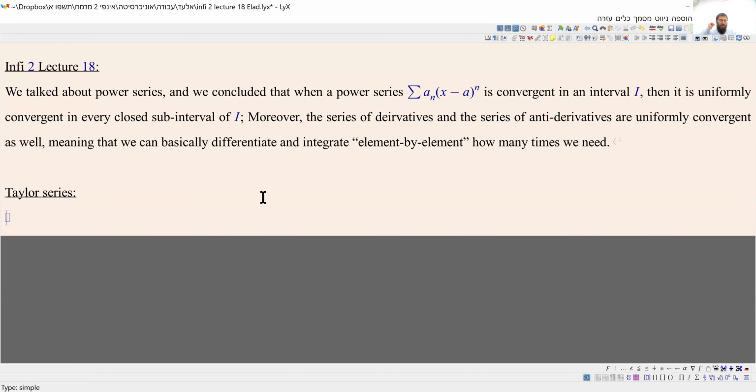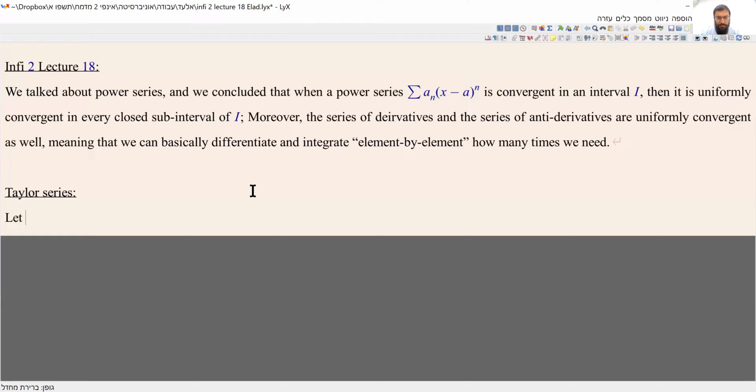We'll talk about the first question on Tuesday, how we know that a function actually equals a power series. But we know that the power series can be differentiated as many times as we like. So the basic condition for a function to be equal to some power series is to be infinitely differentiable. I mean, we can differentiate it as many times as we want.